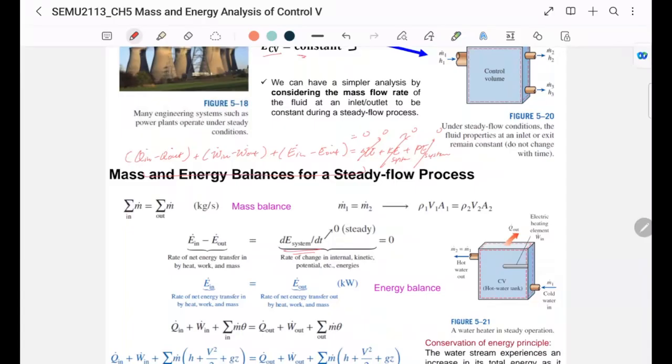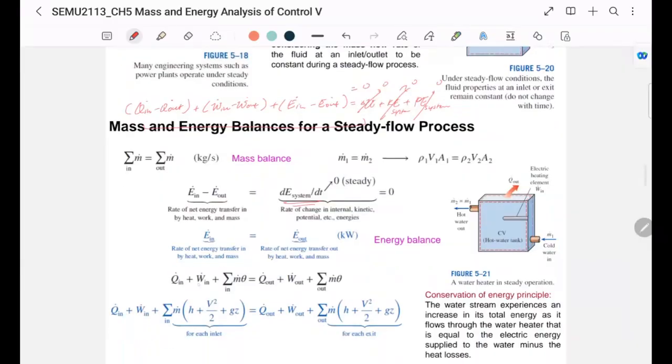Which is why if we rearrange it, what we'll get is Q in plus work in plus the energy carried by the flow in has to be equal to the energy out, work out, plus the flow energy carried by the flow going out from the system.